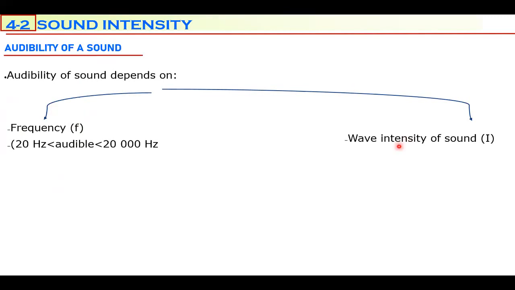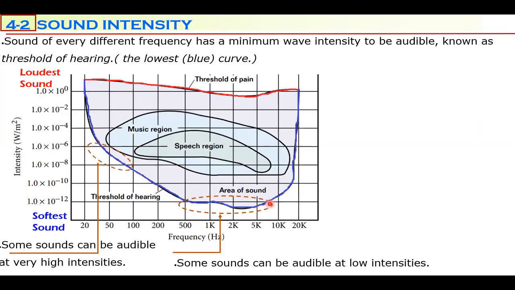So the audibility of a sound depends on two things. One is the frequency of the sound source. The second is the intensity of the sound at the location of the listener. So the human ear can hear some intense sounds but cannot hear some soft sounds.